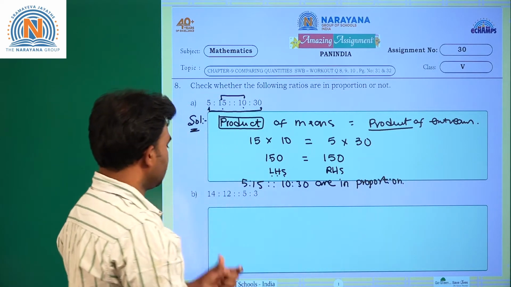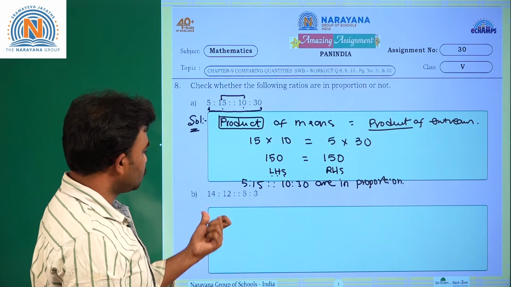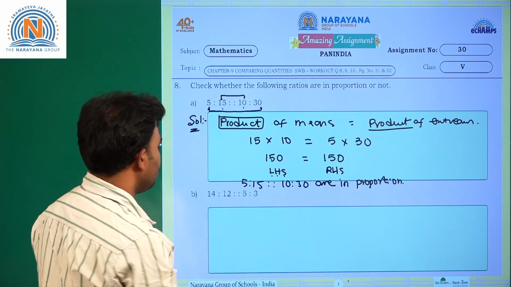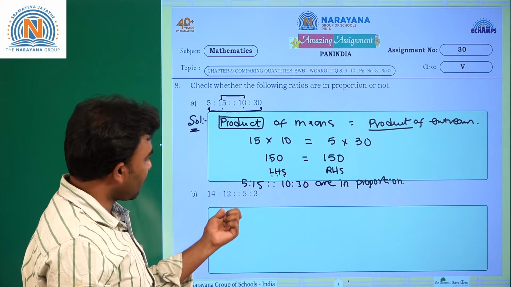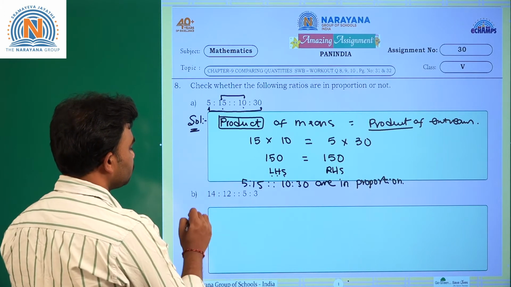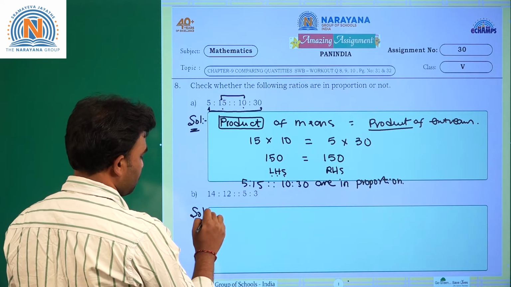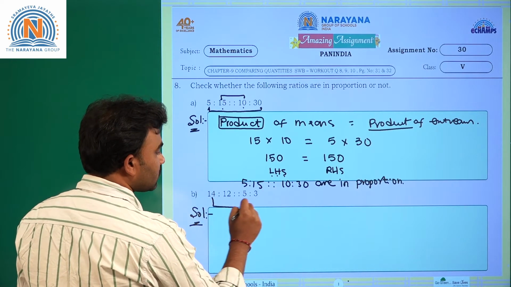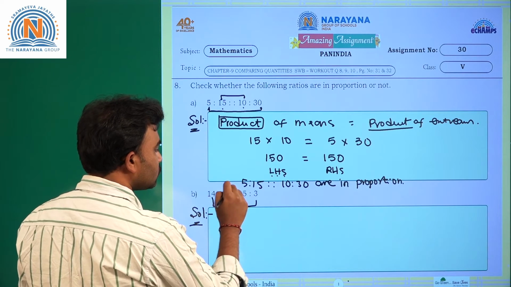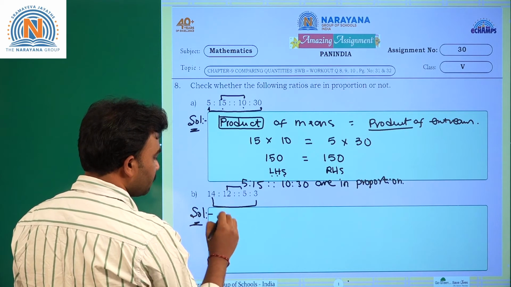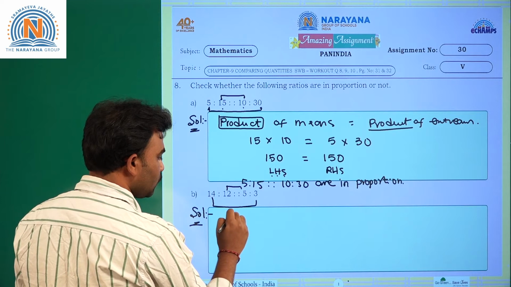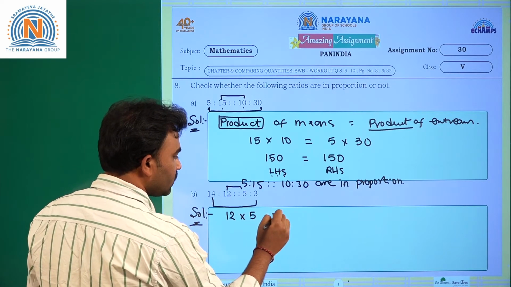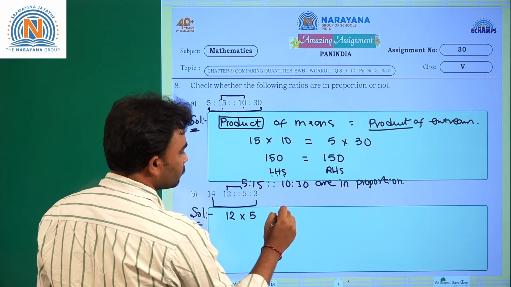Next one, B. 14 is to 12 as 5 is to 3. Solution. Take the problem. These are the extremes and these are the means. Now the same, product of means 12 into 5 is equal to 14 into 3.